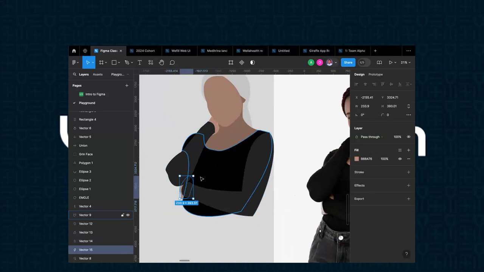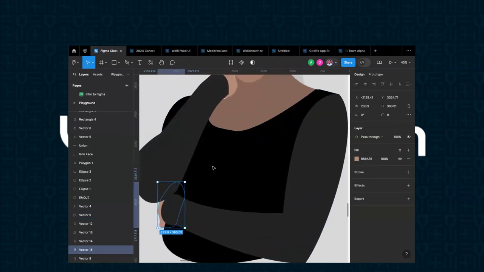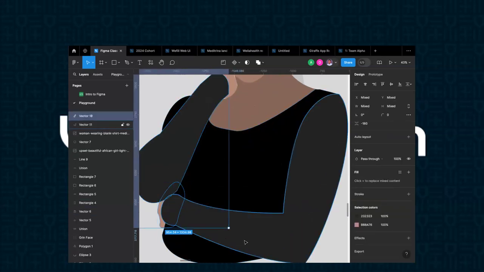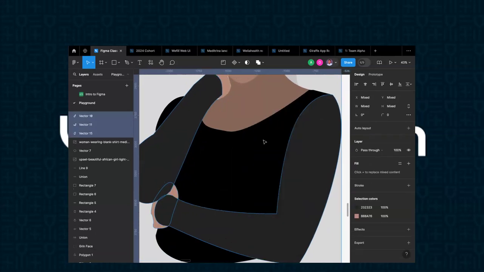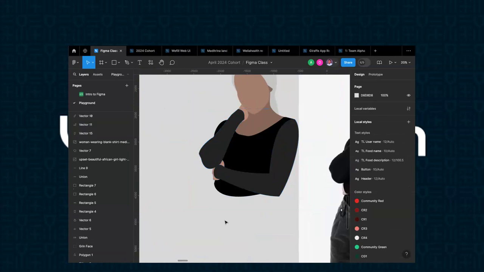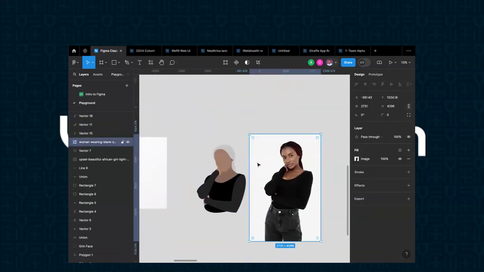It should be in front of this one, but behind this. So what I'm going to do is select the hand, select this one, and then bring to front. It's just like layer management. Do you understand? So now we have something. Yeah, I think this is something.